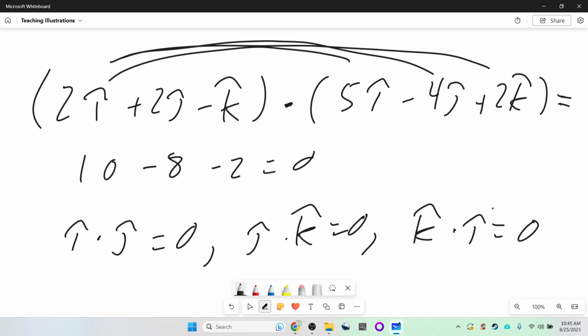So if you were to distribute this whole thing, it would give you the same thing. You'd have a whole bunch of i dot k and j dot i and all that, and basically everything would zero out except these three terms that we had to begin with. I hadn't thought of that until I got right here and realized I might want to say something about it. The coordinate axes always dot to give 0.